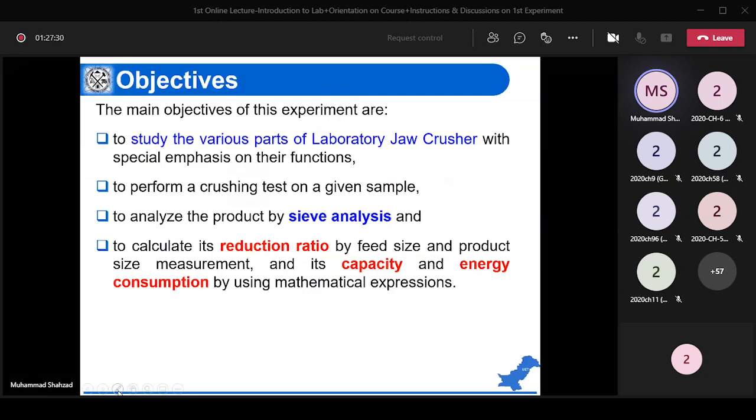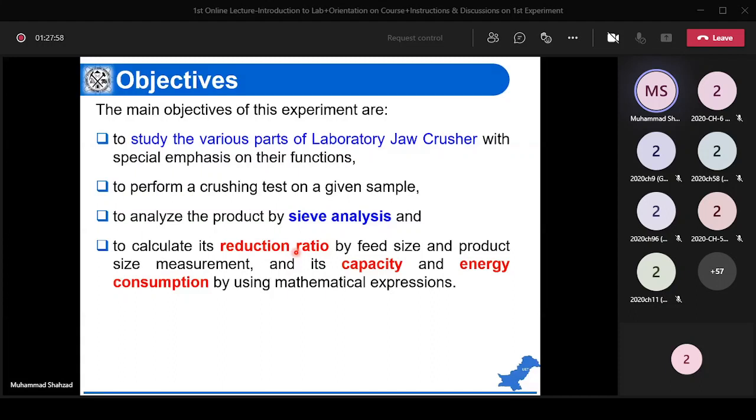So reduction ratio is the performance indicator of a crushing machine. But the problem is we can achieve higher reduction ratios by using large machines, and large machines will consume more energy.